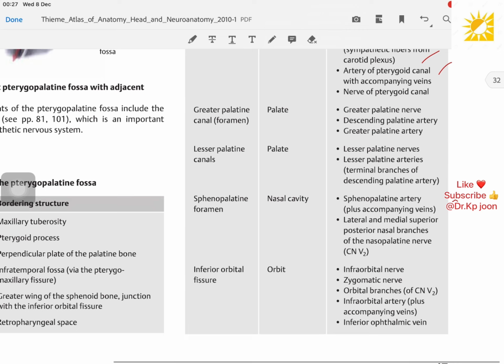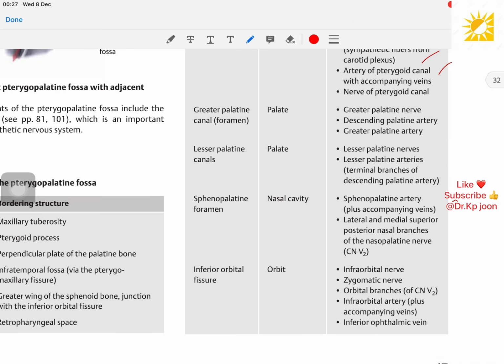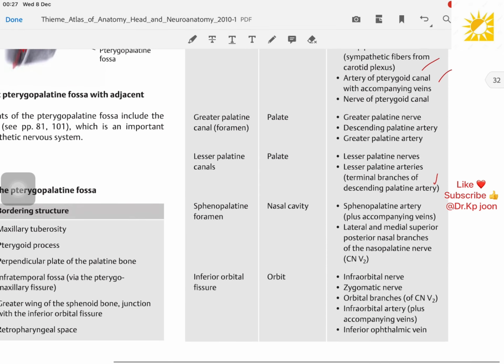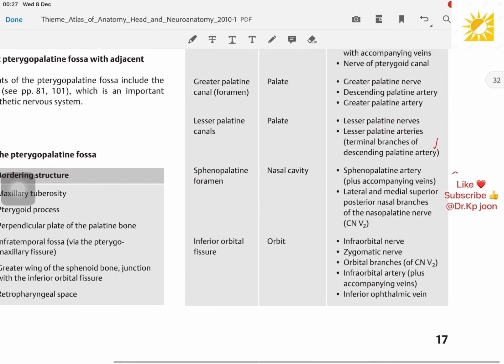If we talk about the greater palatine canal, it comes from the palate, and the transmitted structures are the greater palatine nerve, descending palatine artery, and greater palatine artery. Next is the lesser palatine canal, from the palate, and its structures are the lesser palatine nerve, lesser palatine arteries, and terminal branch of the descending palatine artery.